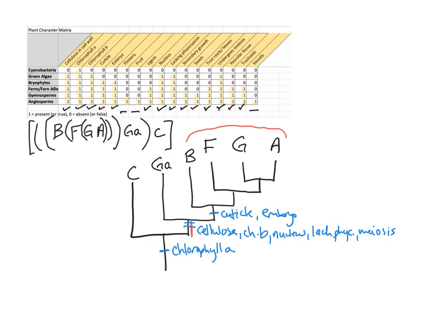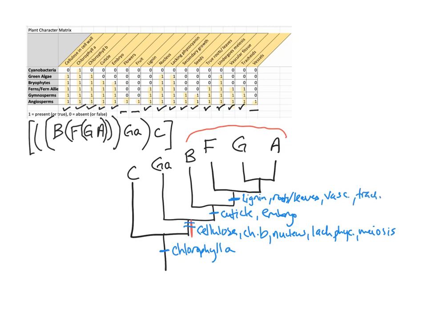Okay, and then if we go up even farther, so those were the 4 ones, the 3 ones, the ones that only include ferns, gymnosperms, and angiosperms, so those top three, we've got to put them on this branch right here that leads to only those top three. So that would be like lignin, roots, and leaves, and vascular tissue, and tracheids.